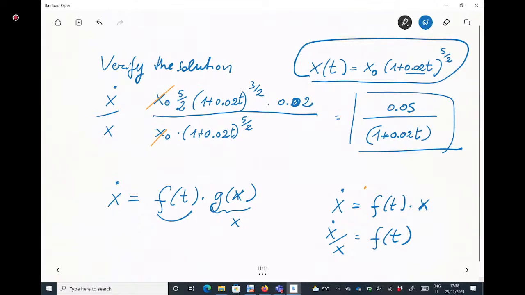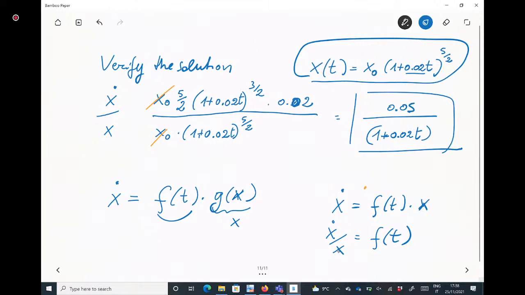Studying models and trying to specify the trajectory of a model in which the assumption is that the time growth rate is some time varying quantity f of t reduces to a separable equation, which is very simple indeed, because when you integrate, you have on the right hand side the integral of f of t. On the left, you have the log of x, right? Because in general, they are positive variables.